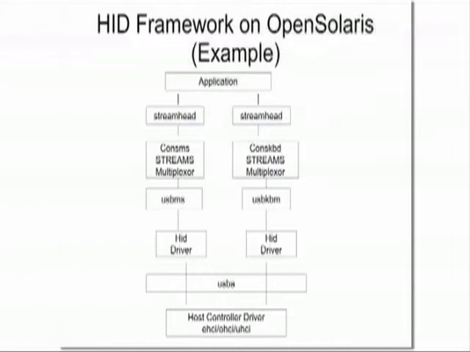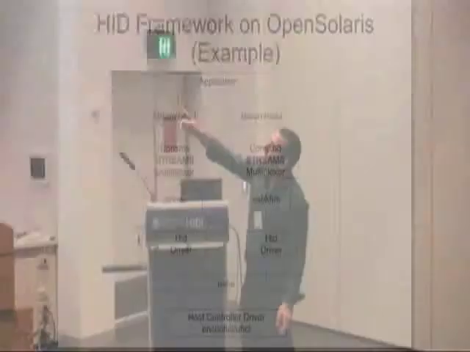If I had a second USB mouse, I would have another USB MS box underneath the cons mouse streams multiplexer. And on my system, I've got an i8042 built-in mouse. That's not USB, and that mouse is also underneath the cons MS streams multiplexer.